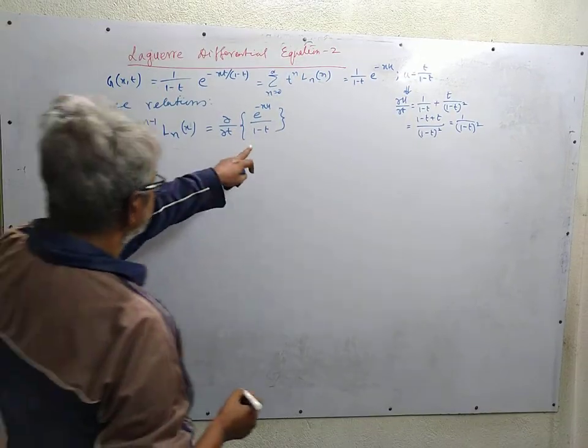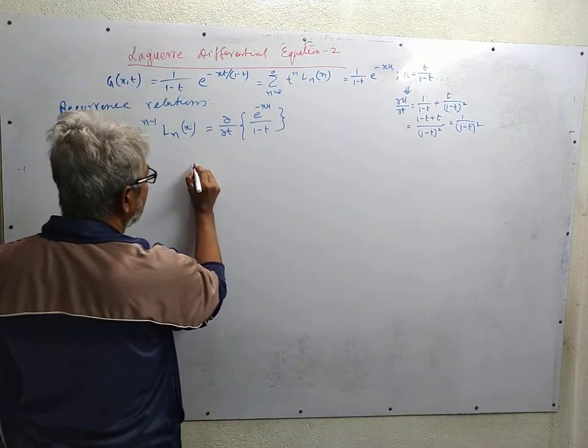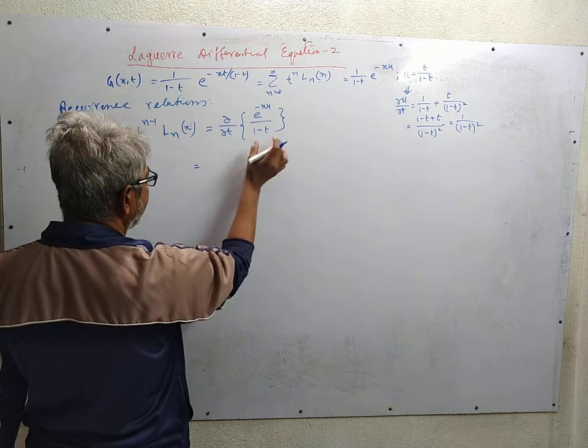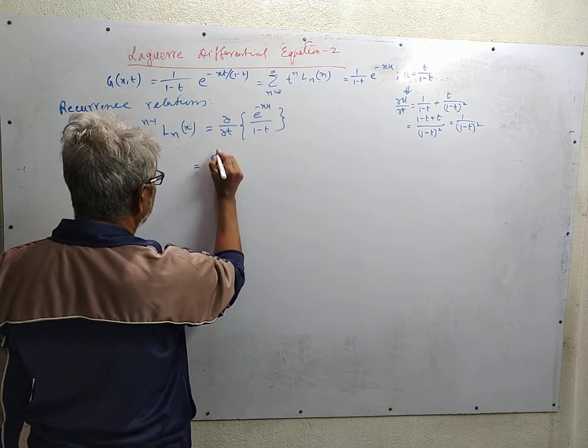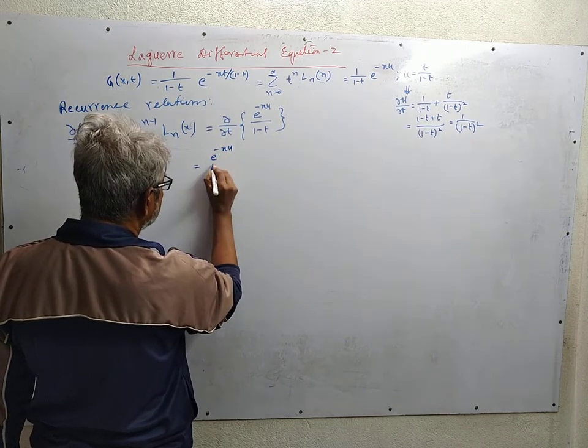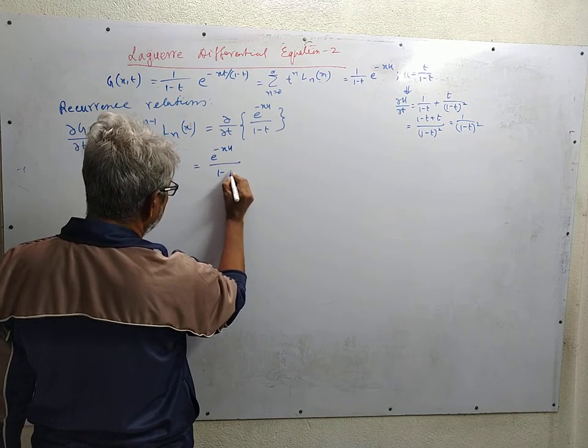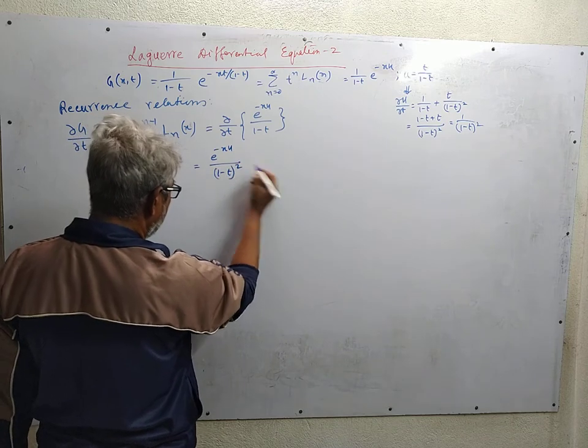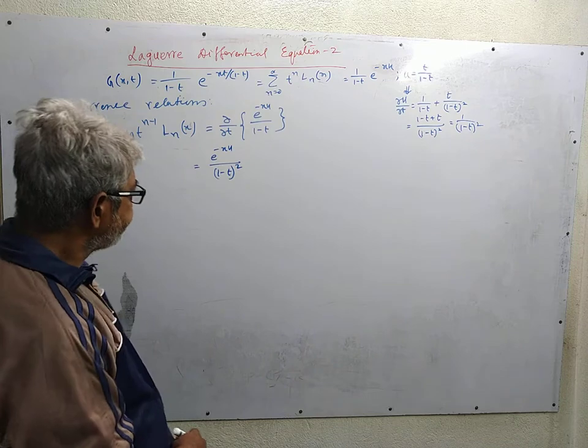So if we differentiate this one partially with respect to t, the first term is e to the power minus x u by 1 minus t whole square.